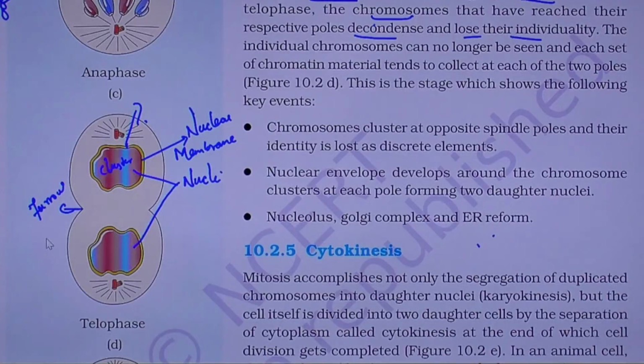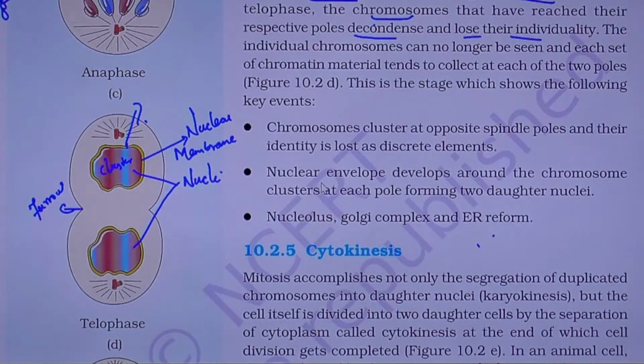This furrow will produce the next new cell. Animal cells do not have a cell wall, plant cells have a cell wall. This furrow joins together to produce a new cell. So here chromosomes will be in the cluster position, present at the opposite poles of the spindle fibers.